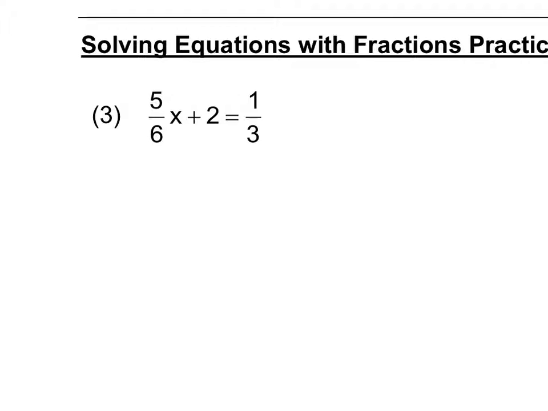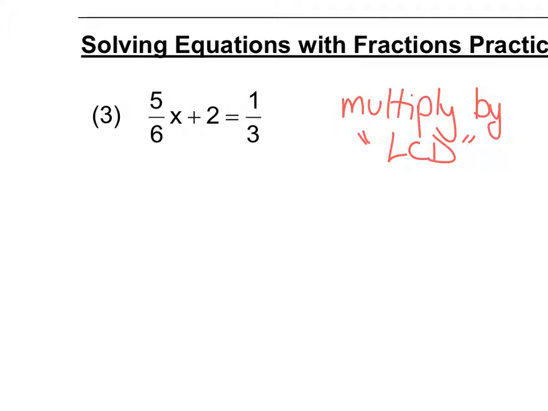All right, that 6 is what? What is it known as? Common denominator, LCD. So multiply by an LCD. I think that only becomes challenging if you have trouble figuring out what the LCD is.